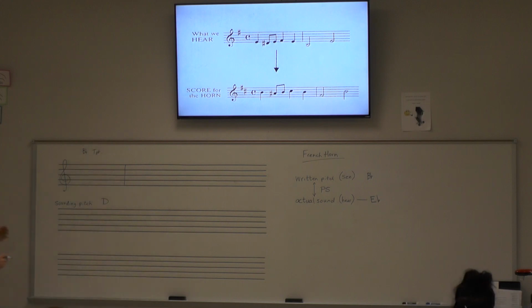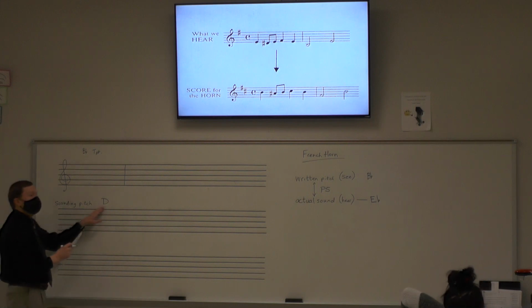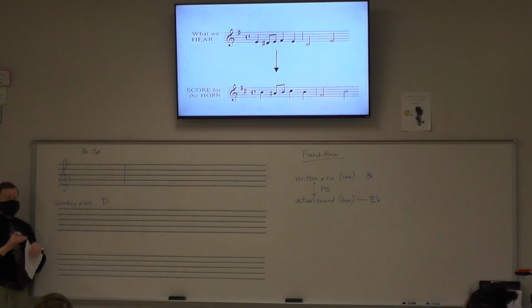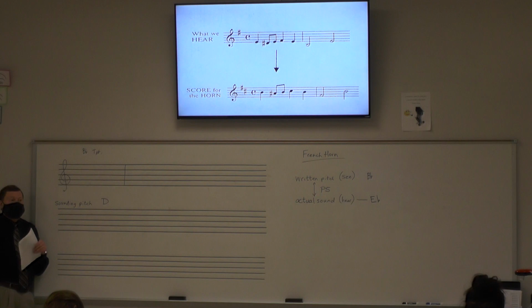If I want a trumpet in B flat, or a B flat trumpet, to sound a D, find your knowledge of the interval of transposition. What note would I need to write for the B flat trumpet to read? E, that's right.